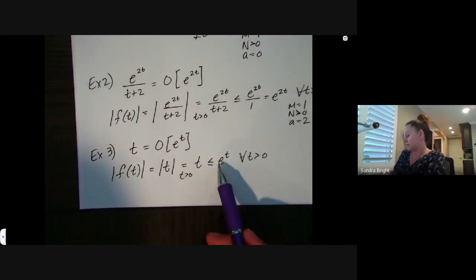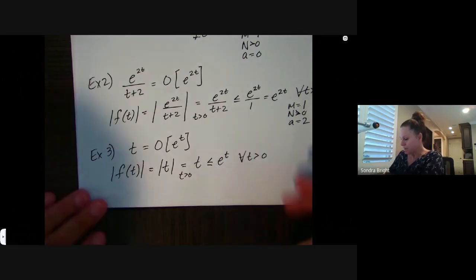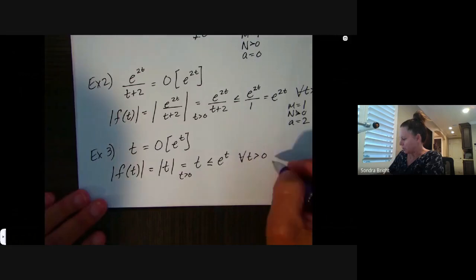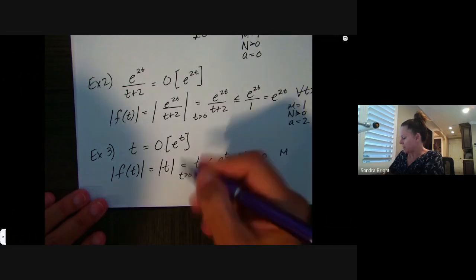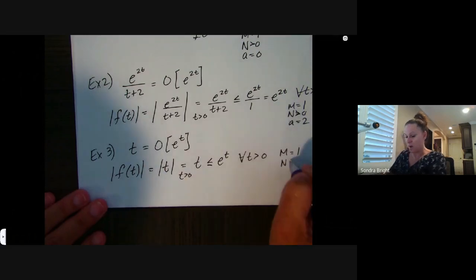So it's of the order e to the t, which means your m is 1, your n is greater than 0, and your a is 1 in that case.